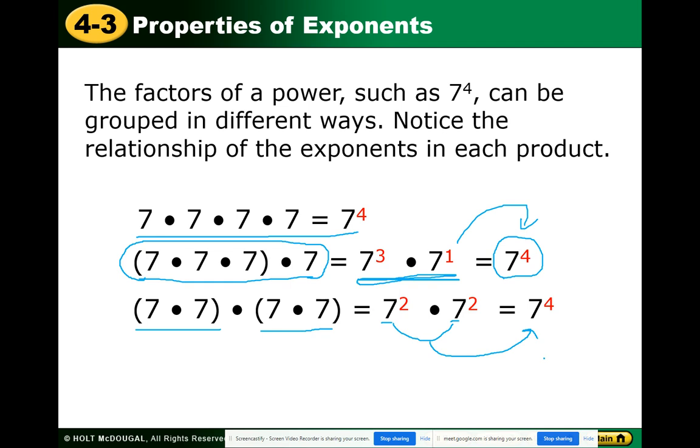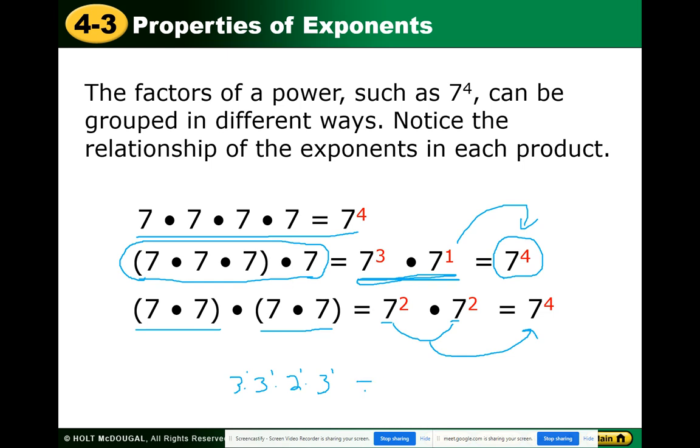If they're not the same base, do you think that works? What do you think, Natalie? If it was like 3 times 3 times 2 times 3. These are all ones, right? So I'm just kind of adding them. So would it be 3 to the second power? Would it be 2 times 3 to the second power?